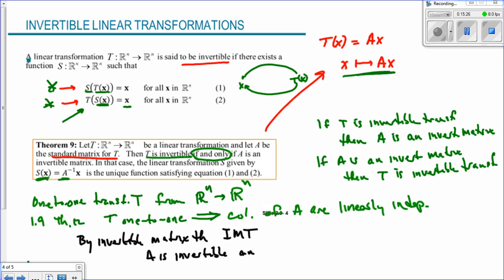And we know that the transformation T, which is the transformation from x to Ax, is one-to-one and onto. And that was option I in the invertible matrix theorem. Okay, so get familiar with these conditions and be able to use them as you need to. So I definitely would print that out.